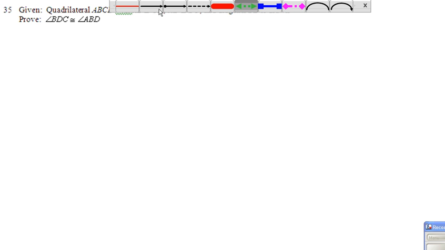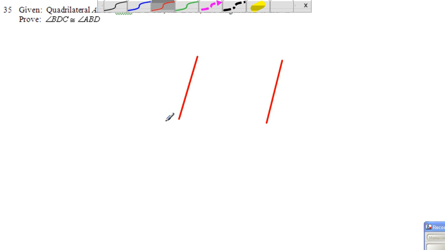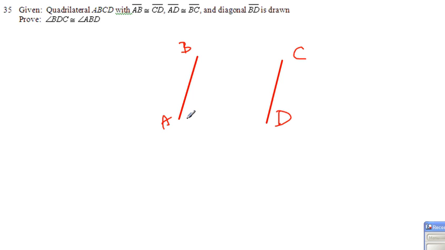Seems to be opposite sides are congruent, and then AD and then BC are also congruent. That means in a quadrilateral, AB is congruent to CD, and then AD must be congruent to BC.